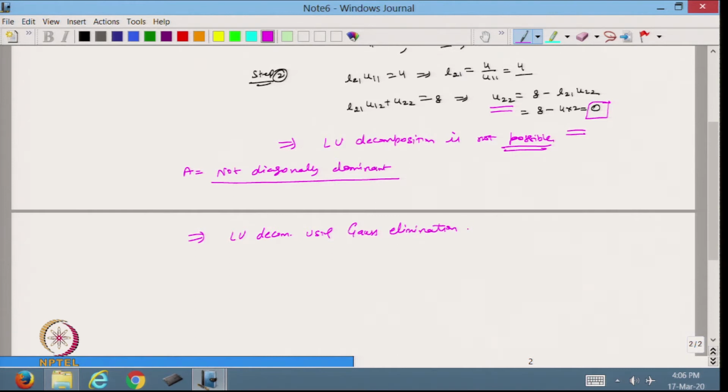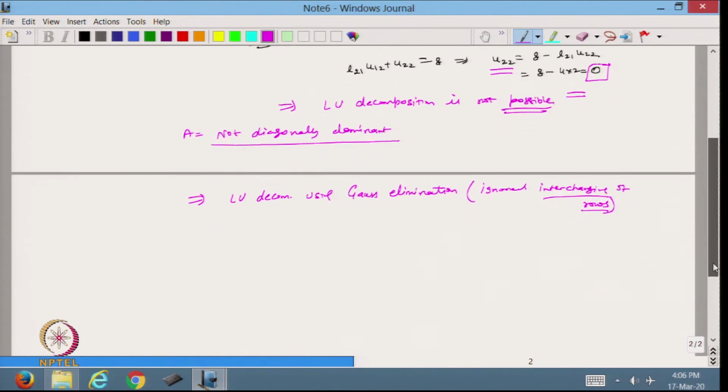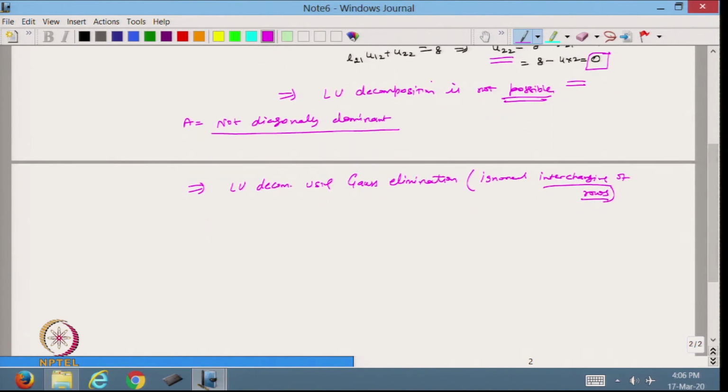In the LU decomposition using Gauss elimination, we ignored the interchanging of rows. So in the previous example, LU decomposition was not possible using Kraut's method.